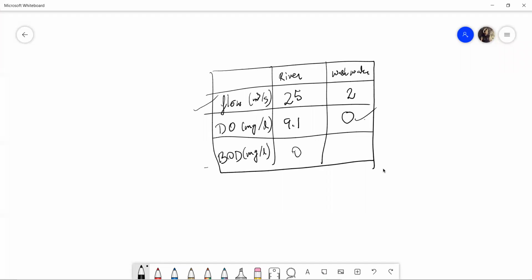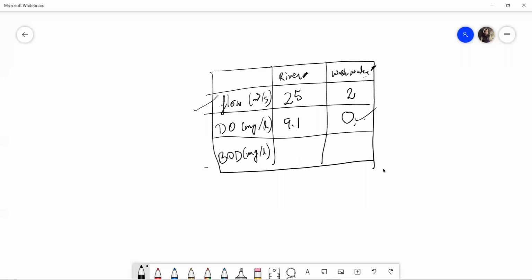Just make a note there: if they don't give the BOD of river, take it as 0, and DO of wastewater, take it as 0.